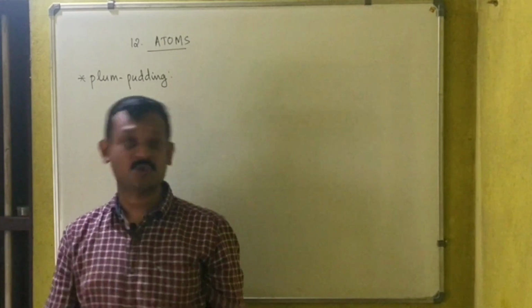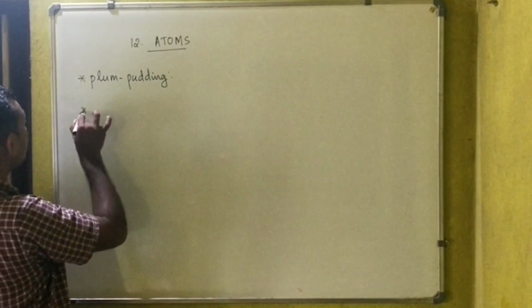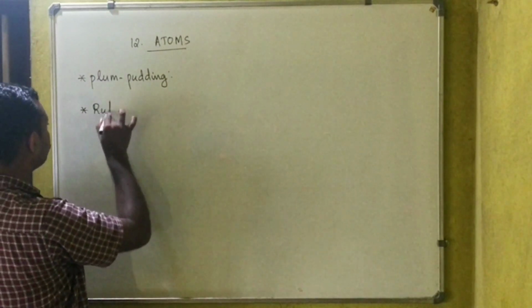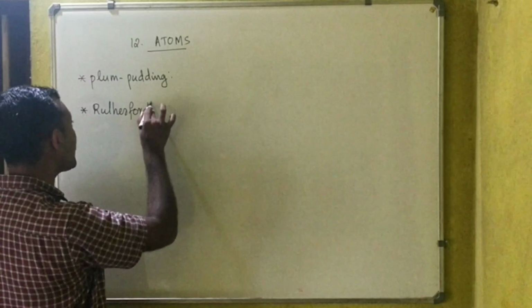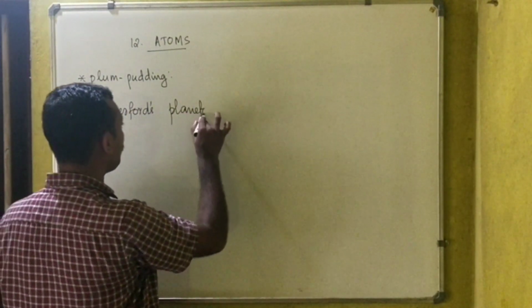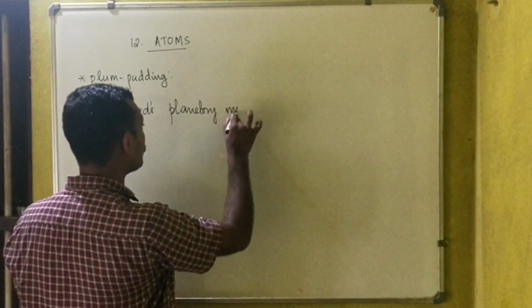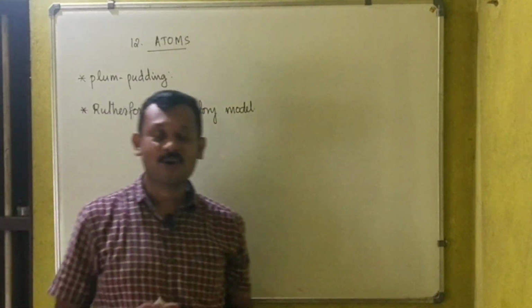Later, his research student Sir Ernest Rutherford proposed Rutherford's atom model, or precisely, Rutherford's planetary model or nuclear model. Both names are used, planetary model or nuclear model.